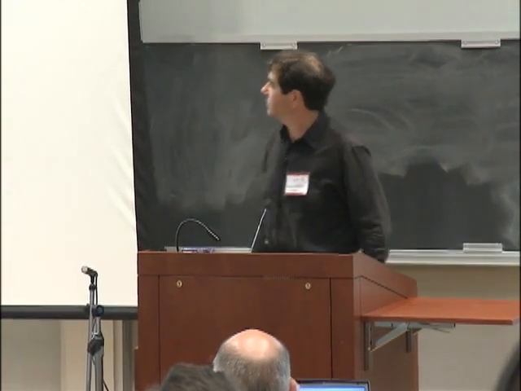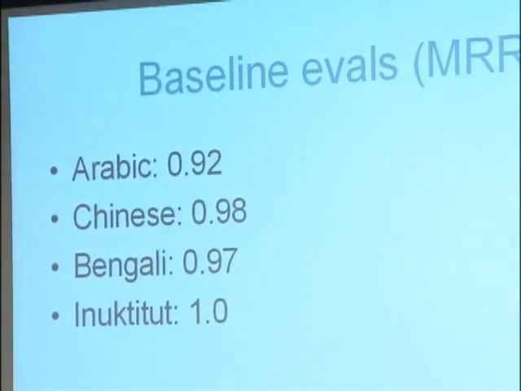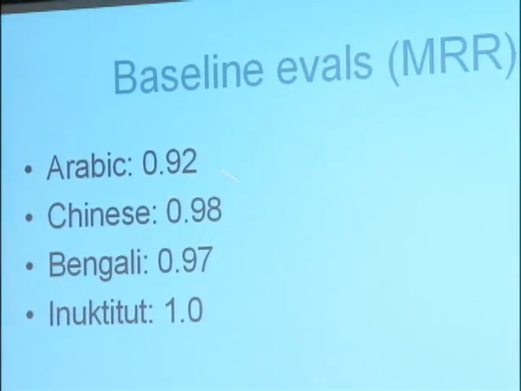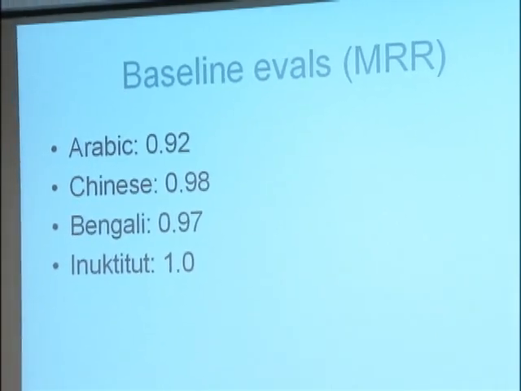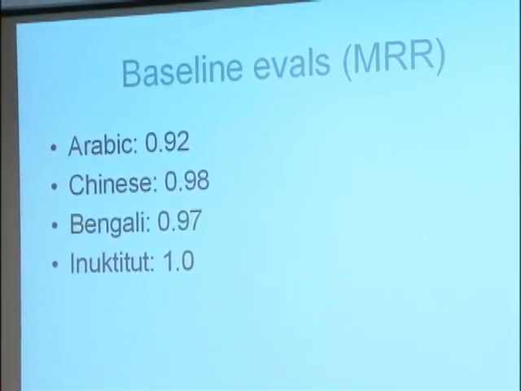And here's the answer. Basically, for Arabic, we're only able to do this 0.92% of the time. And basically, this is all based upon the fact that the pronunciation match model that we're assuming is far from perfect. In fact, some of the things it thinks are better matches are kind of ludicrous. So there's obviously work to be done there.